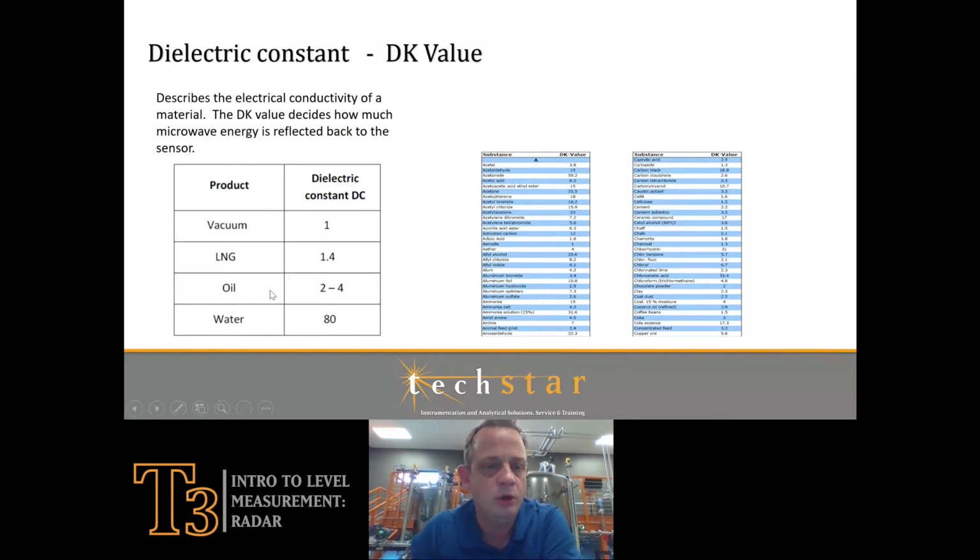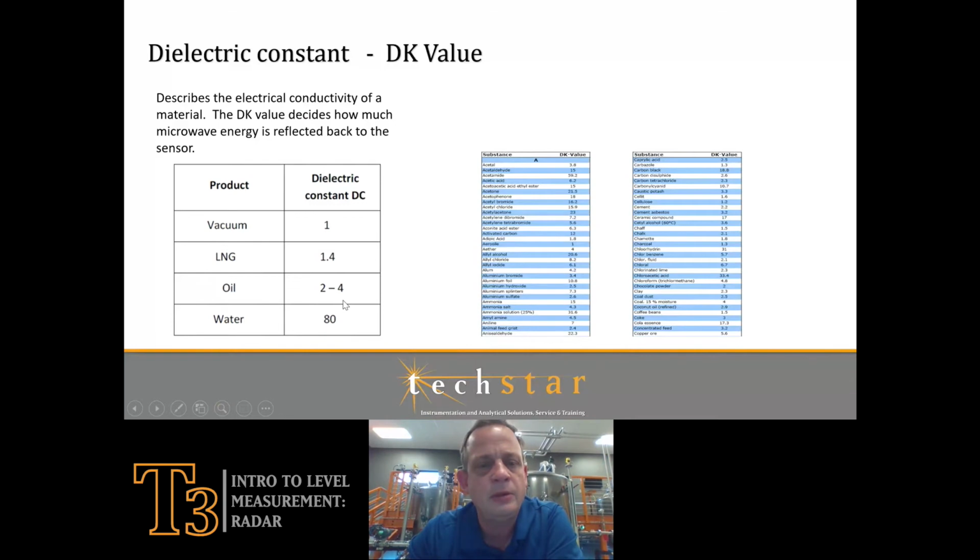Whereas something smaller, like liquefied natural gas, which in this one has 1.4, or oil that has 2 to 4. Even though oil is small like this, we're still readily able to measure it. Radar technology is a great technology to pick when it comes to measuring oil.